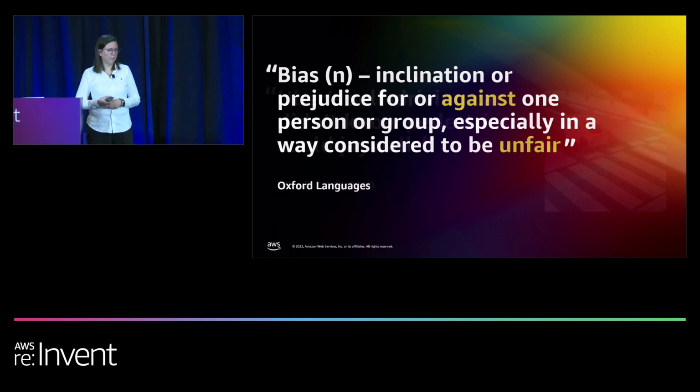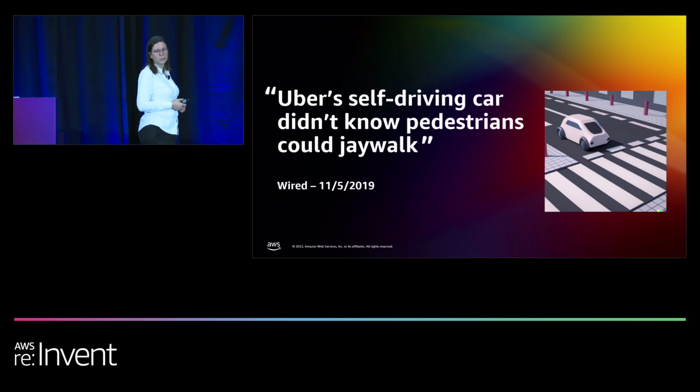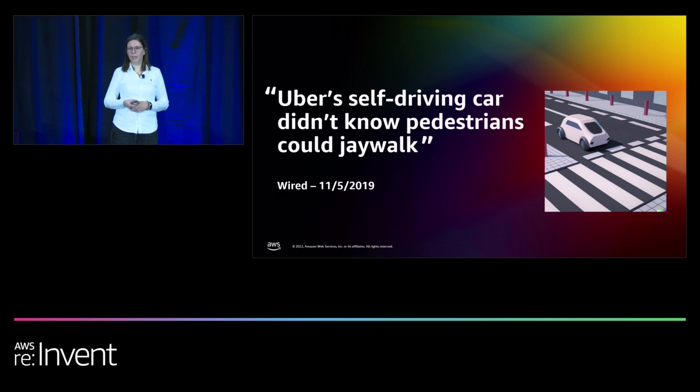For example, in the past, there was the Uber car. The Uber self-driving car killed someone. It was a woman, late at night. She was going home with her bike. She was walking near the bike, and she crossed the road in front of the car.